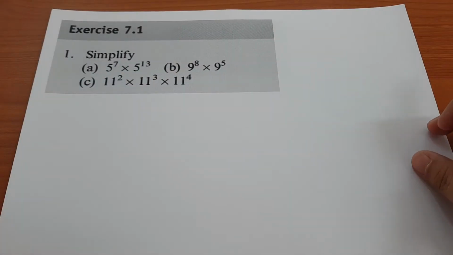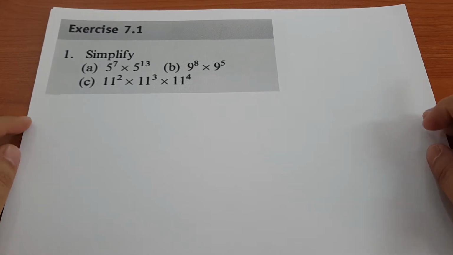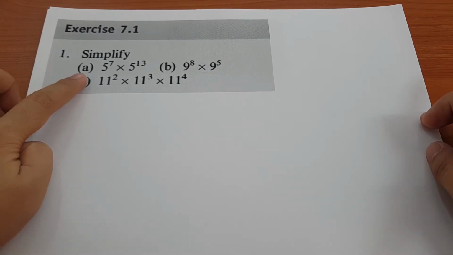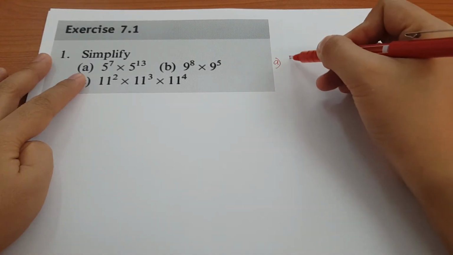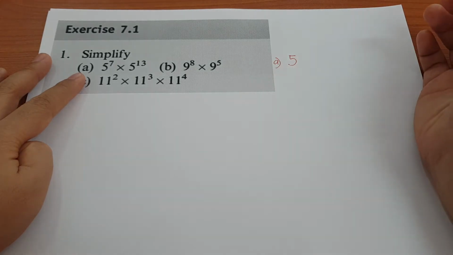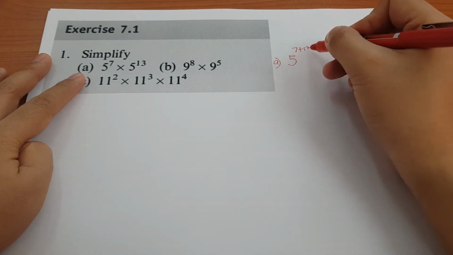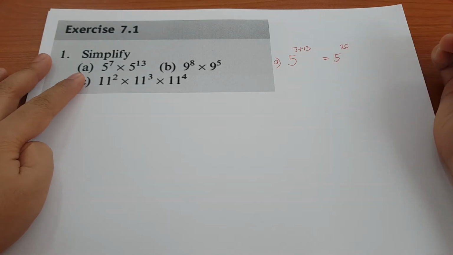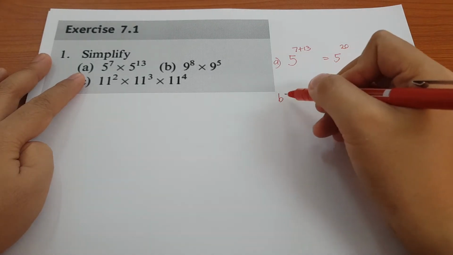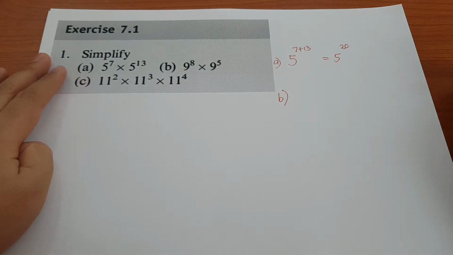Let's have example number 1 in exercise 7.1 of your teaching notes. The first one, 5 power 7 times 5 power 13. They have the same base, so we simply add the powers: 7 plus 13 gives 5 power 20. For letter B, 9 power 8 times 9 power 5.